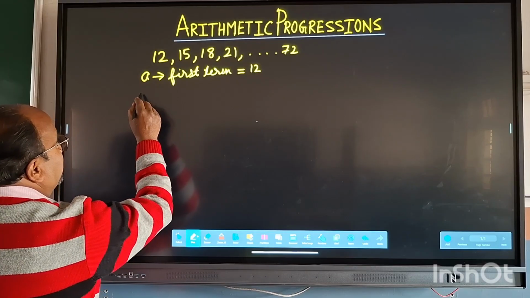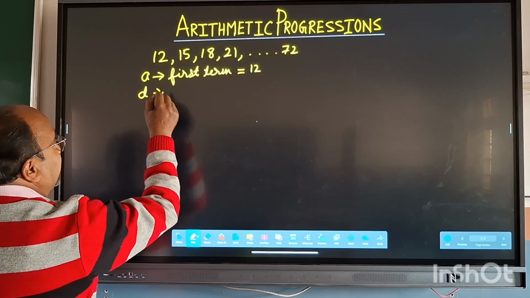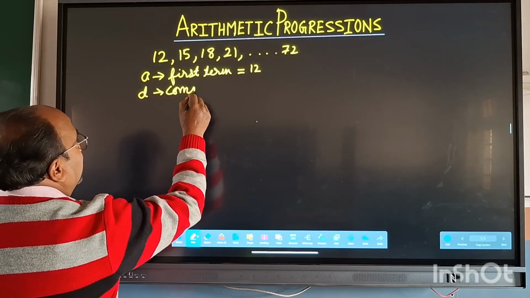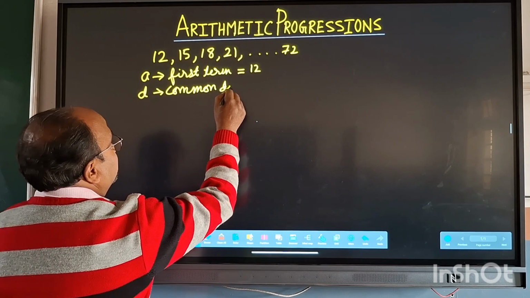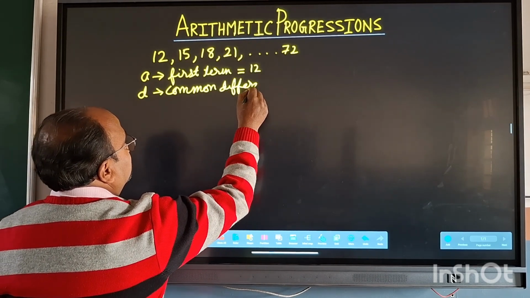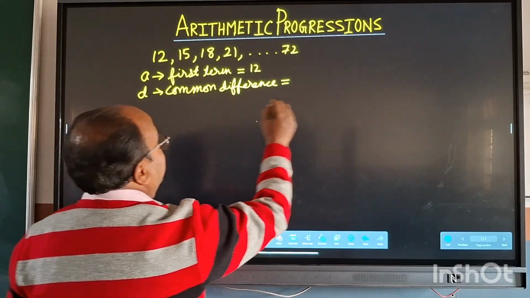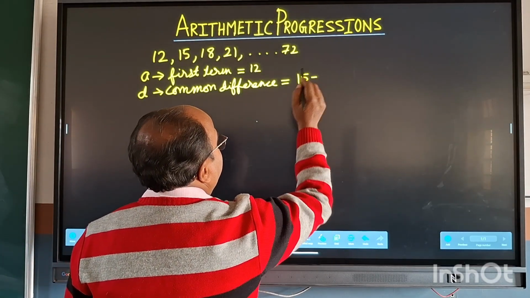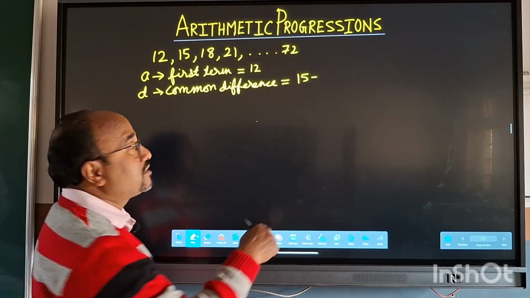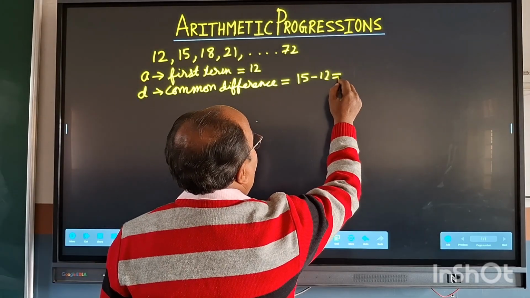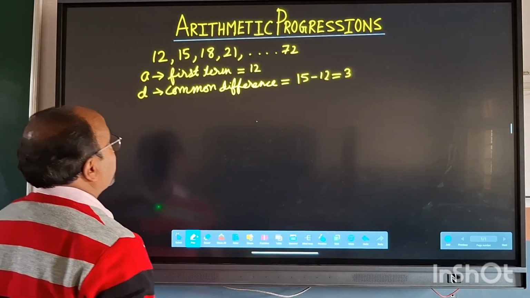Then comes a very important part denoted as D, which is called as common difference. And common difference here is if I take 15, I will subtract the previous term to this, that is 12. So I will be getting it as 3.